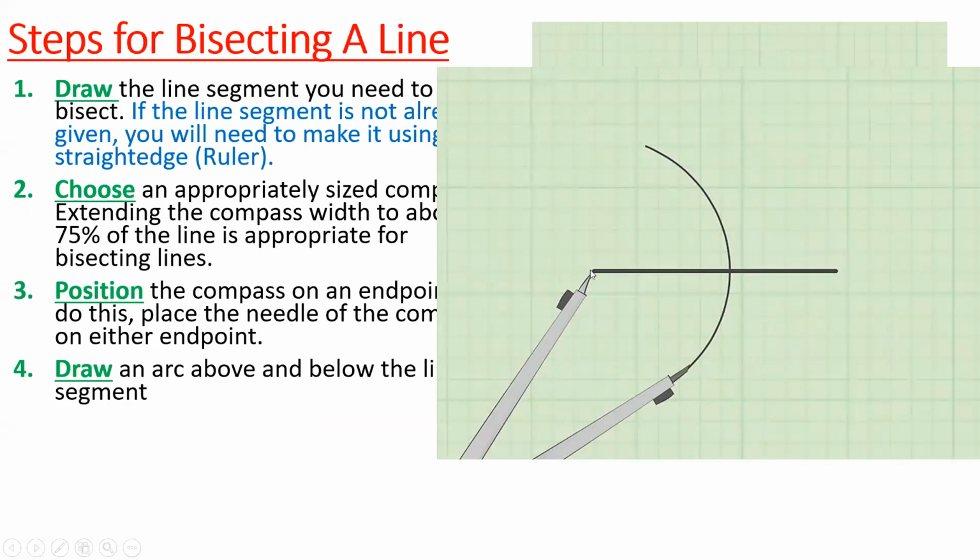You come right here after you already measured it out, position which endpoint you want it to be, and you already measured out a little more than half. Then you're going to draw an arc right here, making sure that it intersects the line segment. All right, that's what you're gonna do.